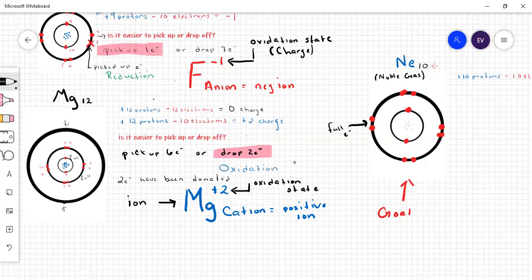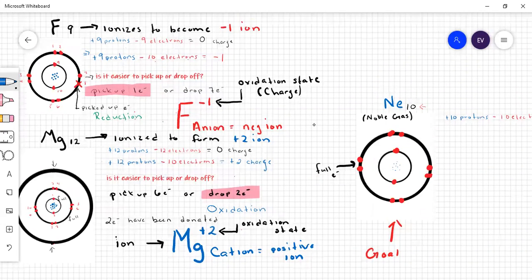So the oxidation state of the magnesium 2+ ion is +2, right? So magnesium has now become an ion, or ionized, to form a +2 ion. Okay, and atoms do this to try and achieve status just like noble gases, right?